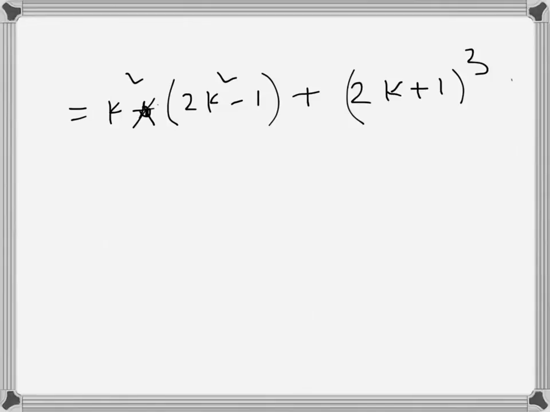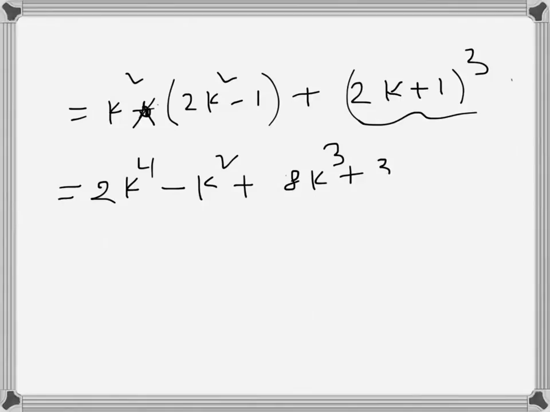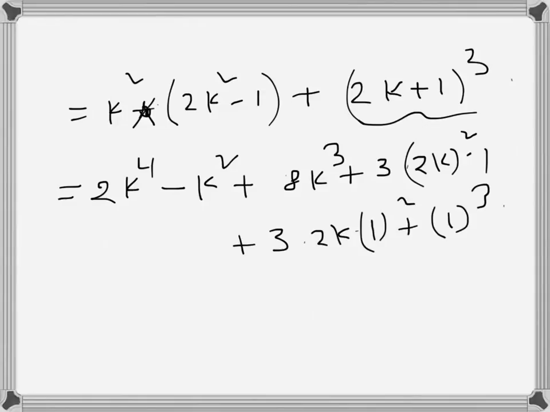So we can get rid of the brackets and just multiply, so it becomes 2k to the power 4 minus k squared, and if we apply the (a plus b) whole cube formula, it becomes 8k cube plus 3 times 4k squared times 1 plus 3 times 2k times 1 squared plus 1 cube, like that.